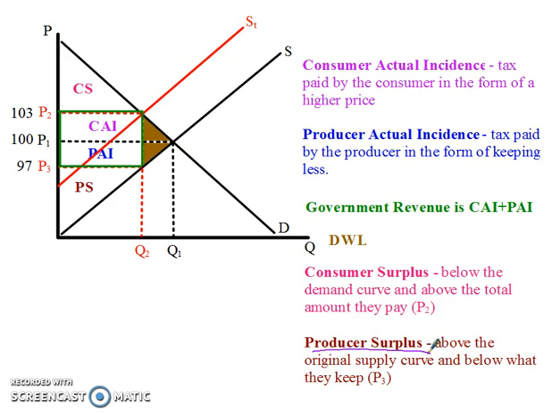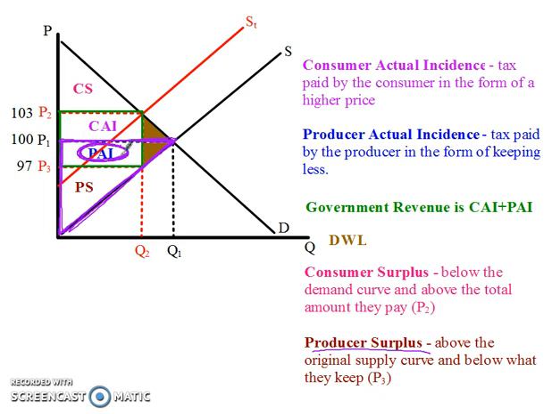The producer surplus is going to be the area, first, what used to be the producer surplus. Let's say that first. Producer surplus used to be the area below the price and above the supply curve. It was this big triangle right there, okay? But now the producer is going to lose some of their surplus because they used to get to keep $100, but they only get to keep 97 because this part they lost to the government.